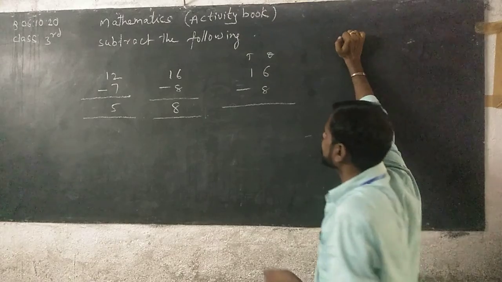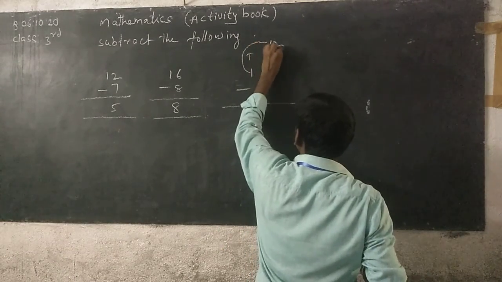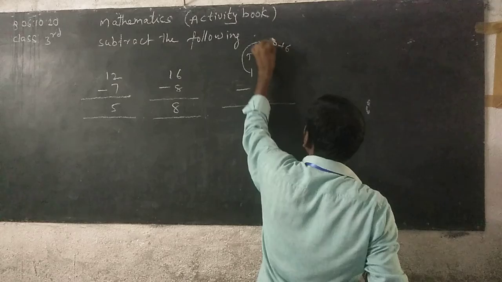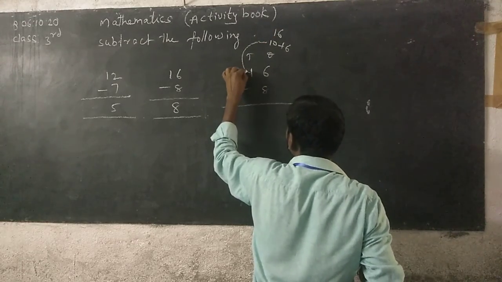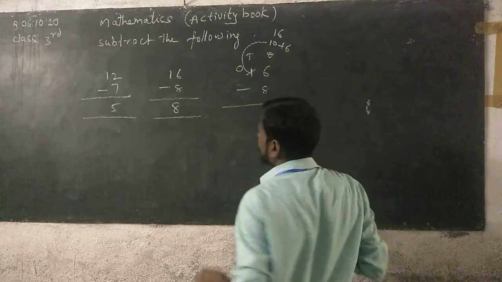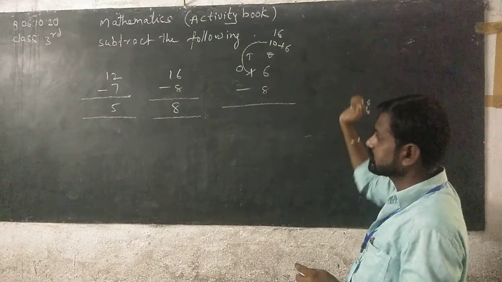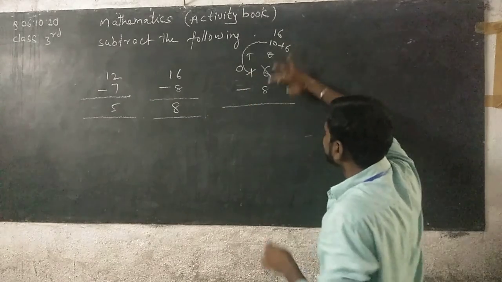So the tens place gives a borrow of 10 to 6, 10 plus 6 is added. What do we get, beta? 16. So 1 lends to 6, it is left with 1. 1 minus 1, you get 0. Then 16 minus 8.